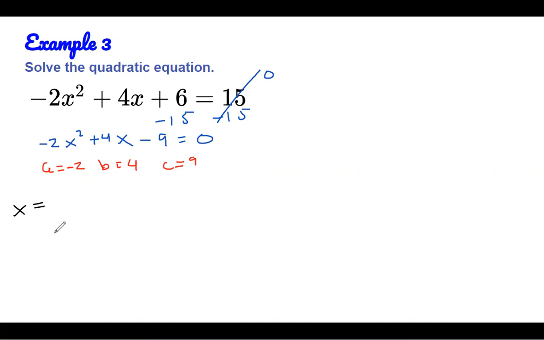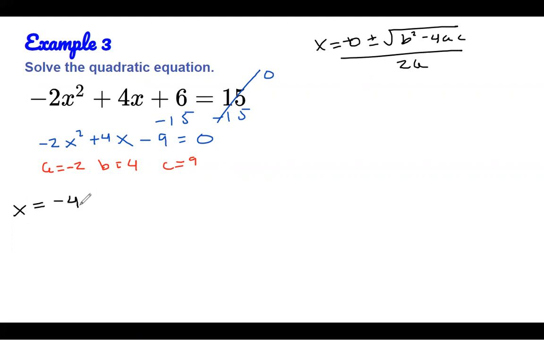How do I plug everything in? x equals? So your equation is x equals negative b plus or minus square root of b squared minus 4ac all over 2 times a. So what's the first value that goes first?